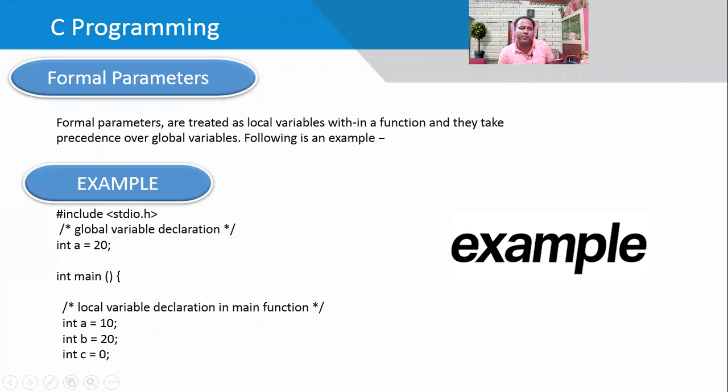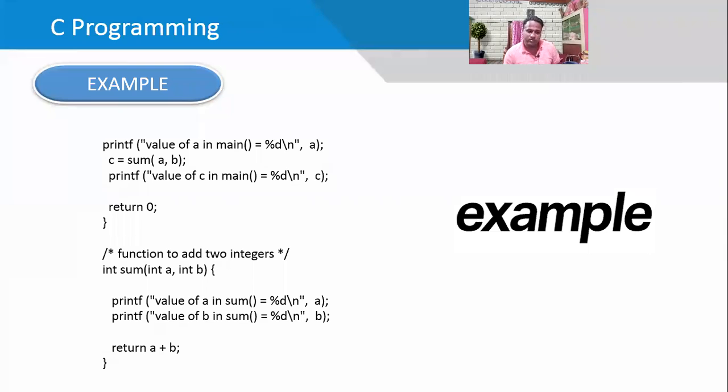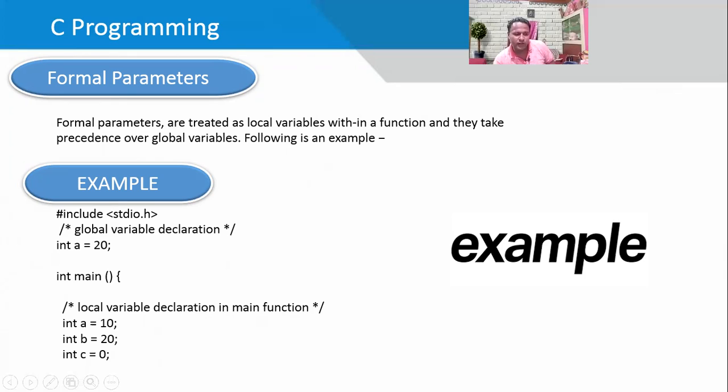Then formal parameters are treated as local variables within a function and they take precedence over the global variable. Like int a is equal to 20, then in main int a is equal to 10, b is equal to 20, c is equal to 0. See that here we define a global variable. Your global variable value is 20, but inside the function we are passing another variable.